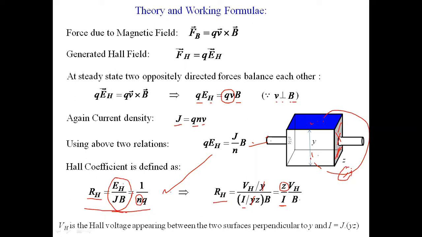As a result, we expect different values of VH for different values of B. From that, we'll draw a graph of B versus VH, take a particular set of B and VH from that graph, and calculate RH. We'll discuss in detail with the graph.